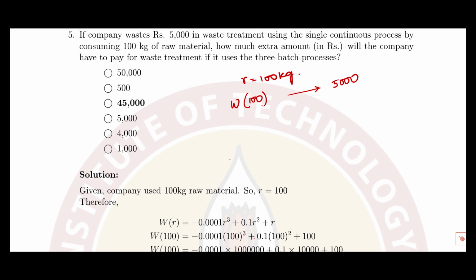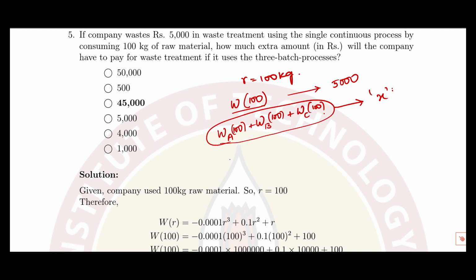The waste generated if we use 3 batch processes for this 100 kg will be W of A of 100 plus W of B of 100 plus W of C of 100. For the waste generated by using the 3 batch processes, it costs a certain amount X. So we were asked to find X minus 5,000.